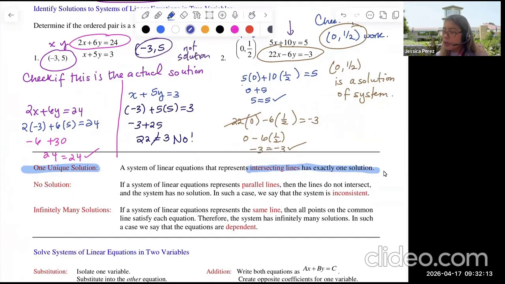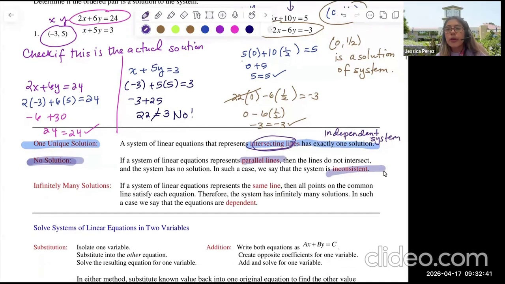By the way, if you have intersecting lines and a unique solution, it's called an independent system.